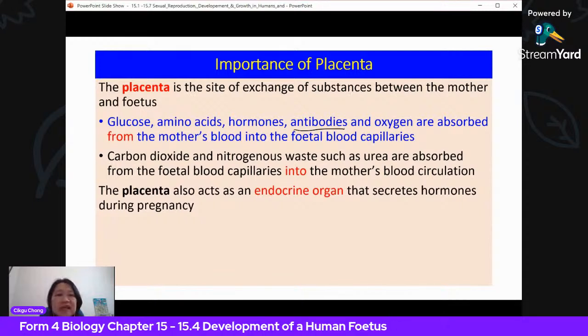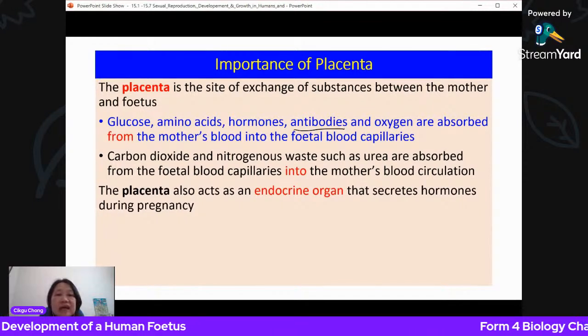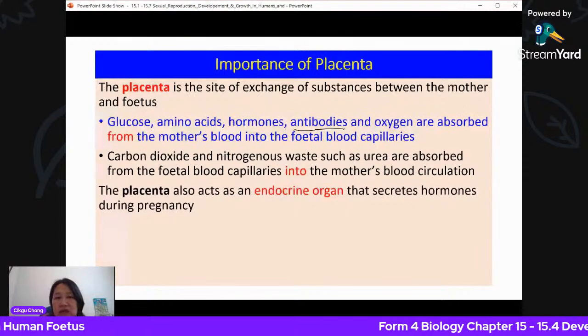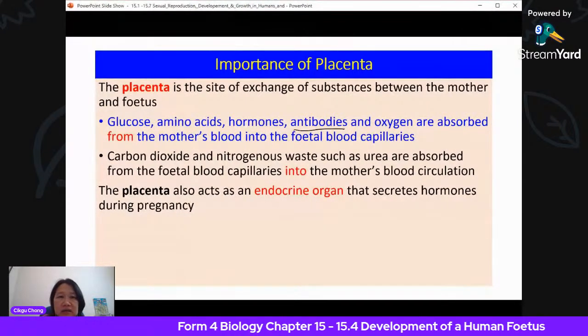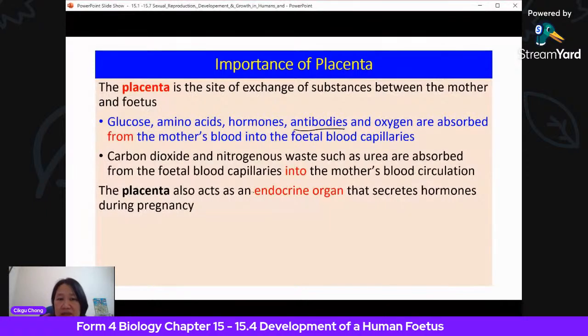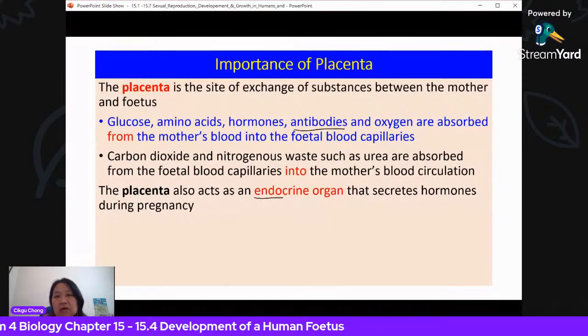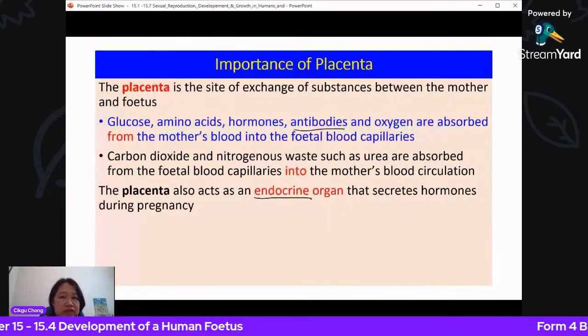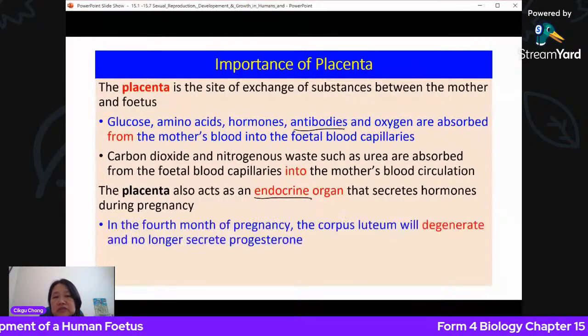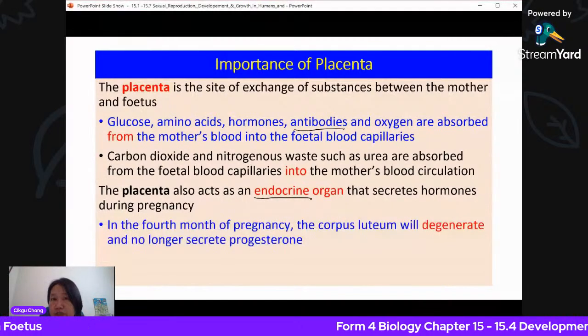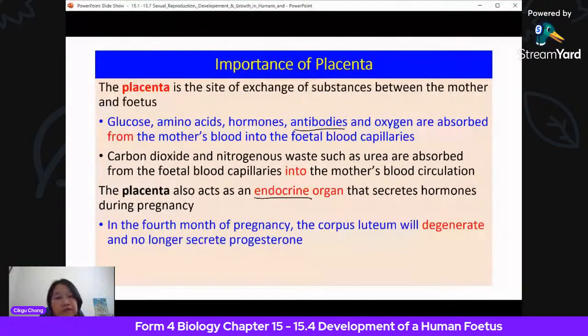Now, the placenta also acts as an endocrine organ. Now you learn about hormones. So besides allowing these nutrients and respiratory gases to pass through, the placenta also produces hormones. That is what you already learned earlier. You learned it produces progesterone and also estrogen, particularly after the 4th month.